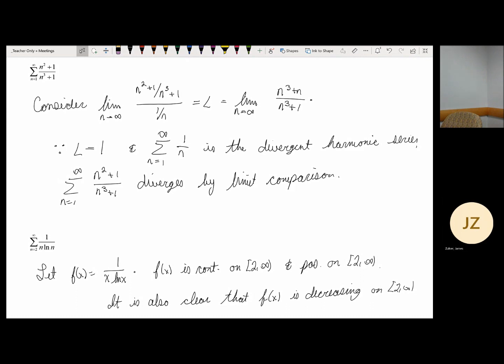Your first proper assessment on series convergence.